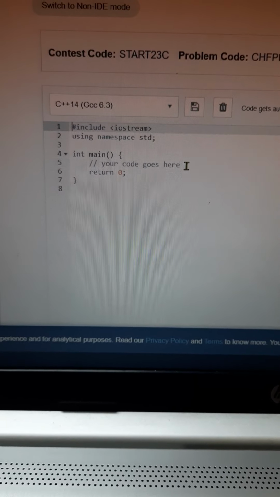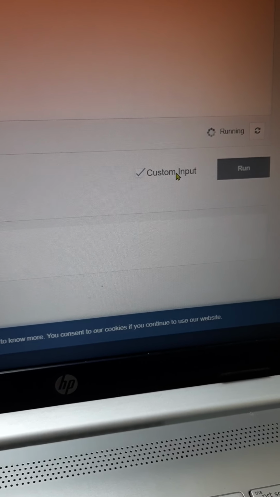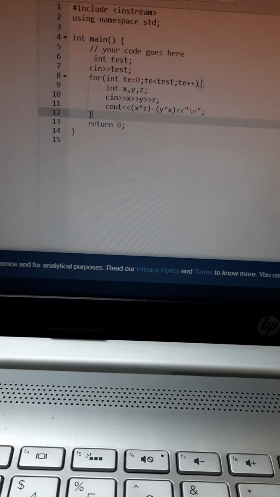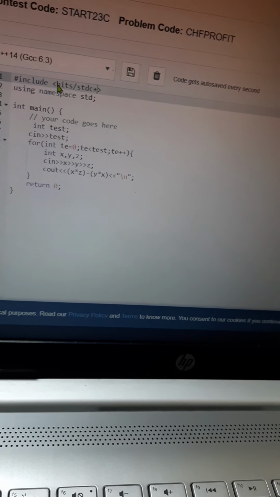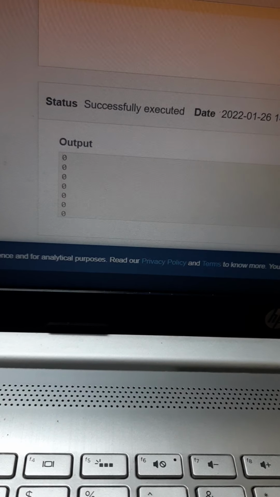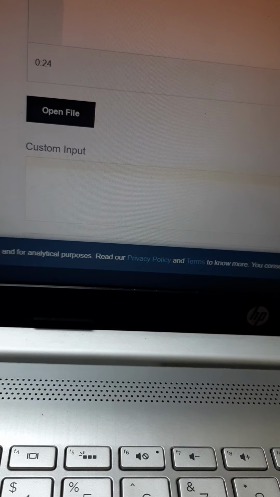Now C++. Run the code. Okay. I'll submit it.